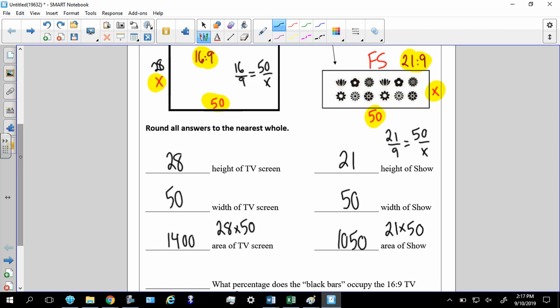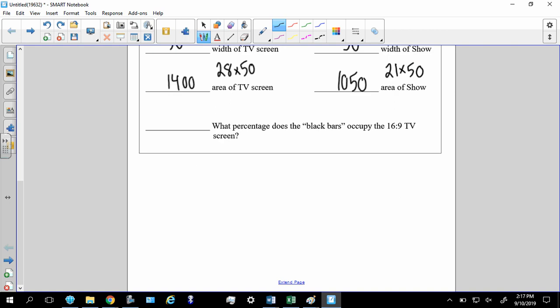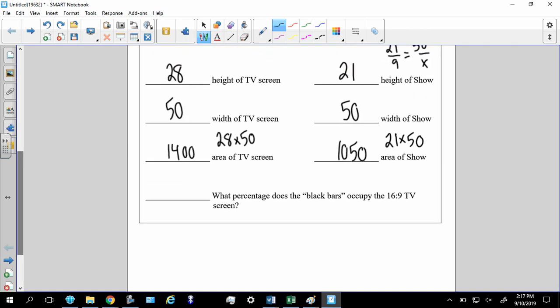And so what percentage of the black bars do they occupy? If you remember, the way you do this is you find the difference of the area over the total area.